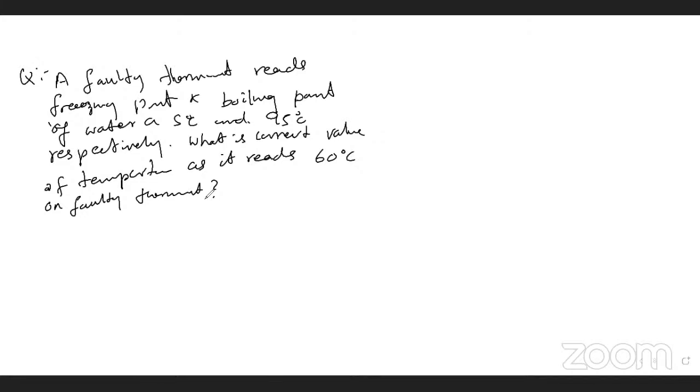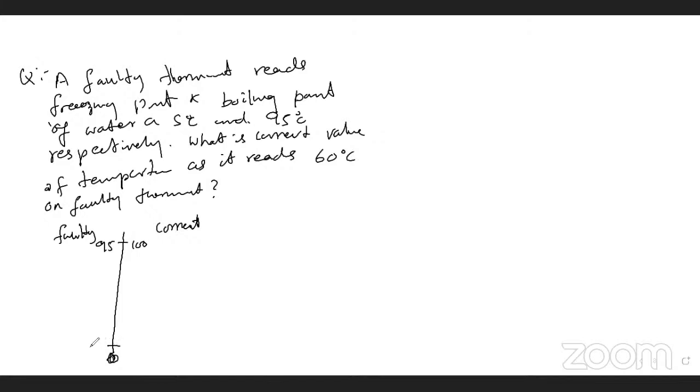The thermometer reads 60, and the actual value becomes complicated. Let's say this is the thermometer. Here it reads 95 but the correct value is 100, the boiling point.